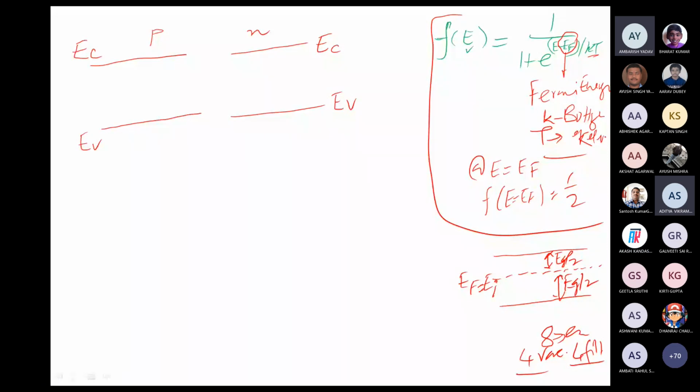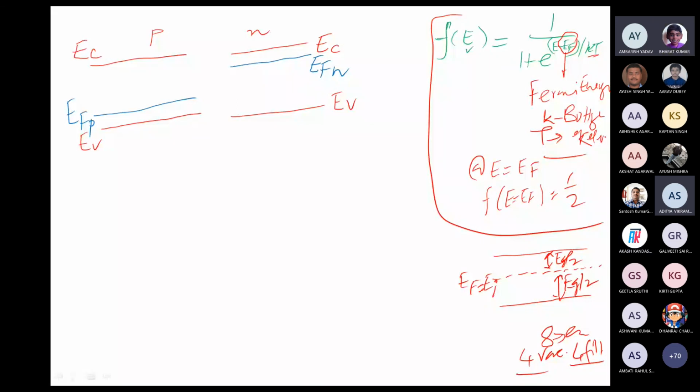To show this fact, the Fermi energy is shifted towards the conduction band in the N type, and the Fermi energy is shifted towards the valence band in the P type. So this is the Fermi energy in the P type and the Fermi energy in the N type.